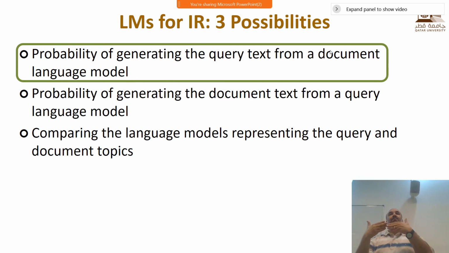The last one, there are models that use both approaches together, mixing: estimating the relevance probability from the probability of generating the query from the document and the document from the query. We will not discuss this.